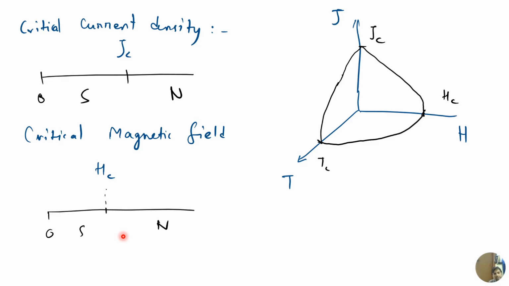So what we have here is a phase boundary, in three axes: temperature, the applied field strength and the current density. These are the critical values of these quantities, and the superconducting state is only within this region and not beyond this.